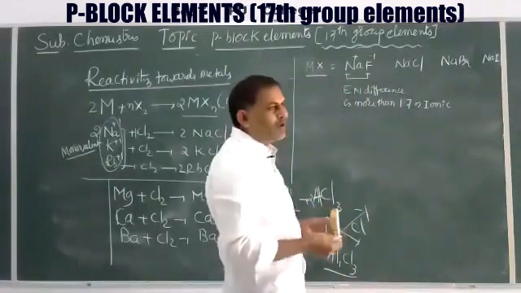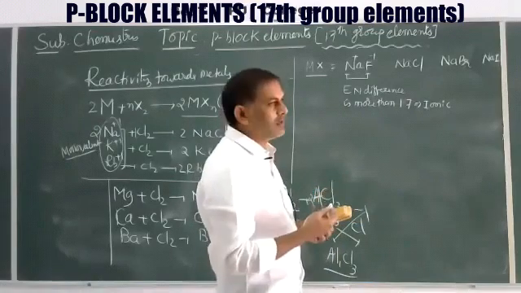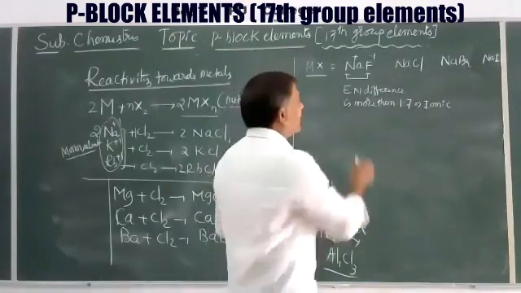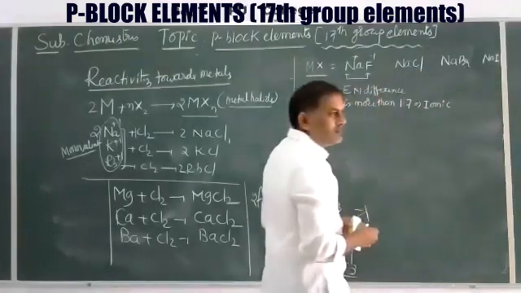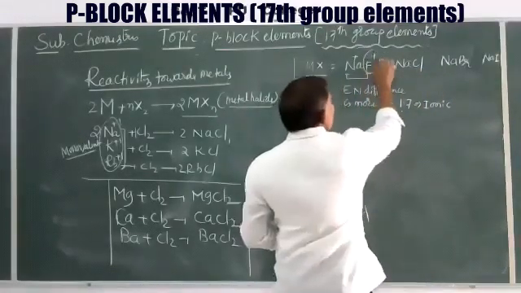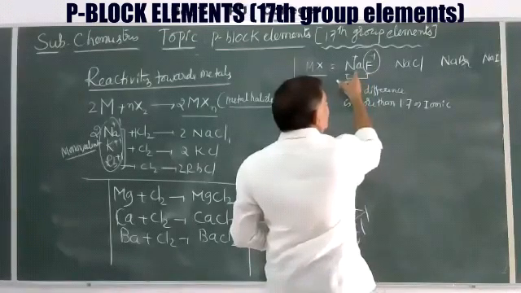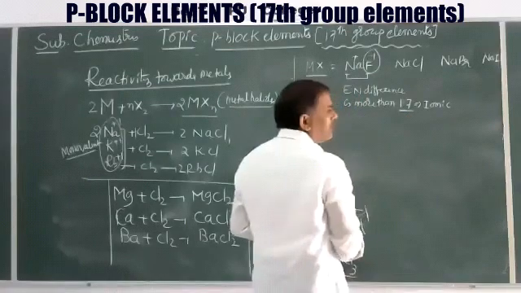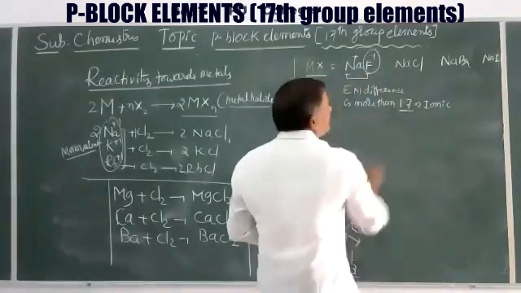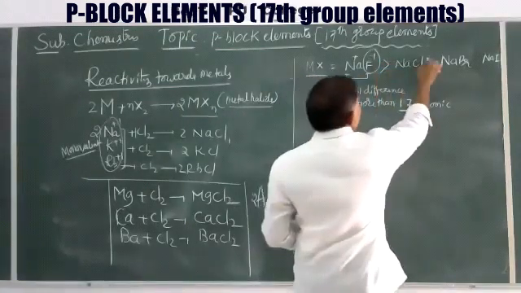So among these, which is more ionic? NaF. Sodium is common. Now this is more electronegative, and sodium is electropositive. That electronegativity difference is more than 1.7. That's why it is ionic in nature, and more ionic compared to the others.